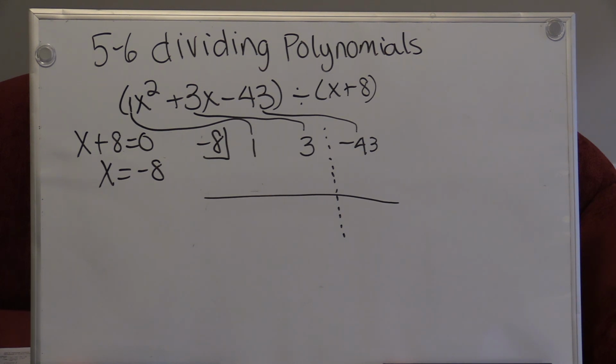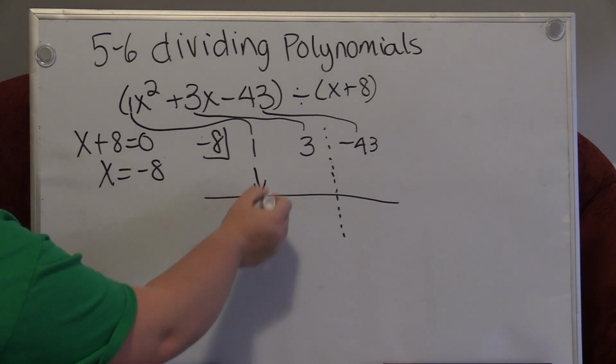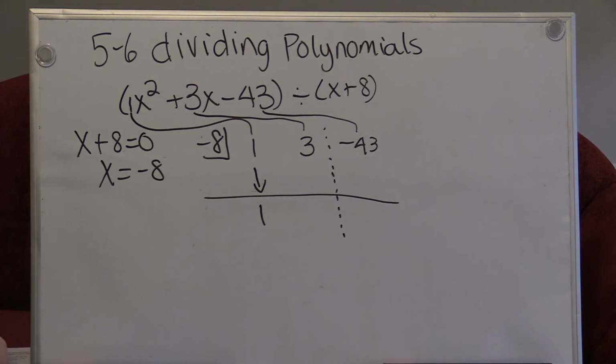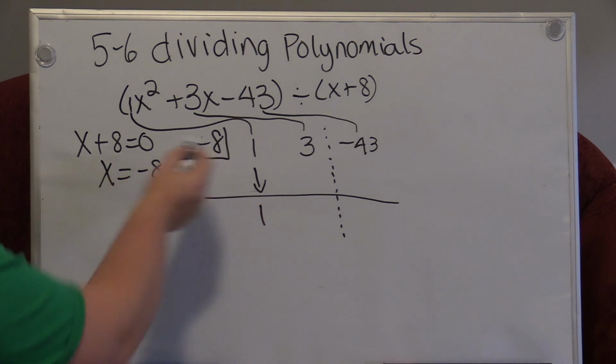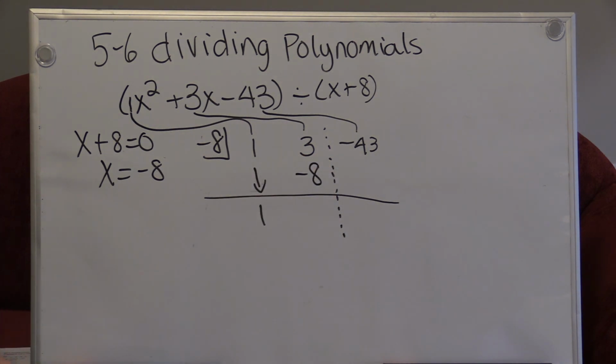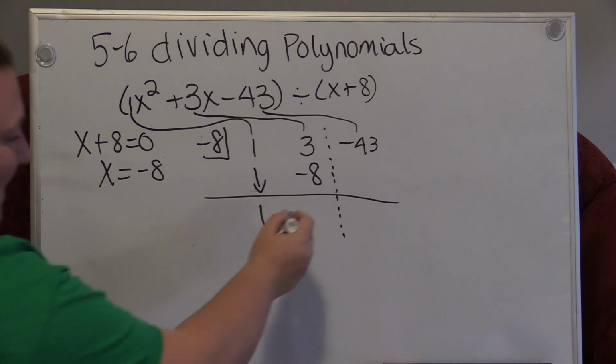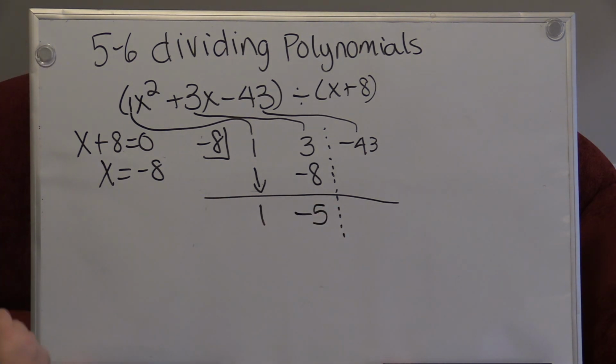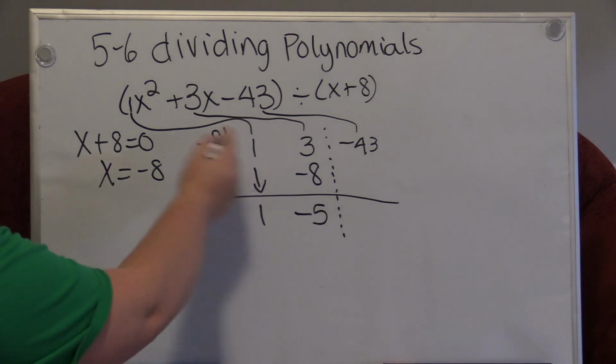So first of all, we drop down our 1. We're going to take 1, multiply by negative 8. That goes here. And then we're going to add. So 3 minus 8, or plus negative 8, is negative 5. And now we're going to multiply again.